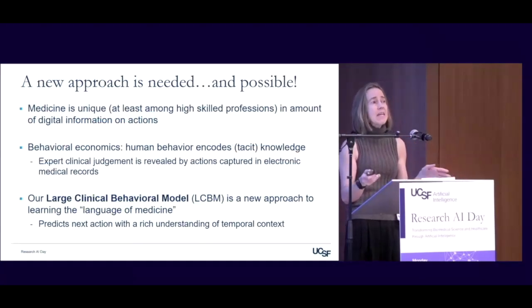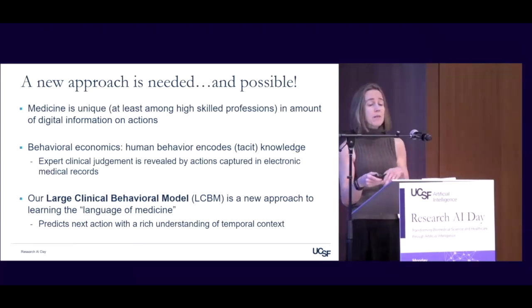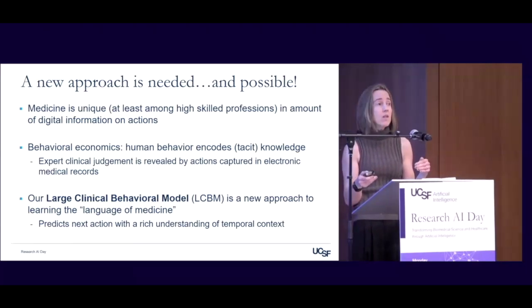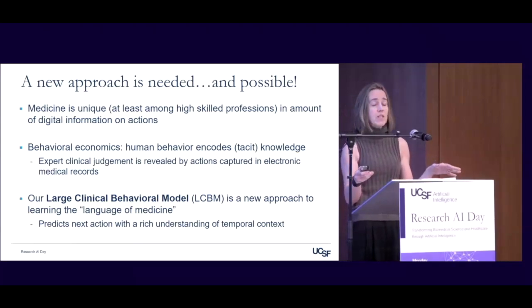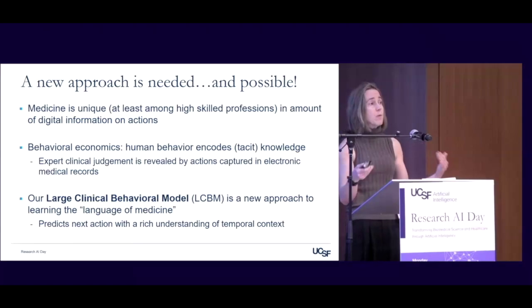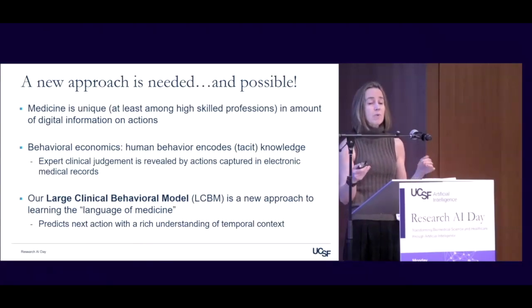So I would say today that what we need is a new approach to health AI to be able to unlock some of that knowledge. All of this rich clinical knowledge is encoded in actions, and we're fortunate because medicine is fairly unique in the amount of digital information that we record on our actions over time. We're taking this new approach, and it's based on a fundamental insight from behavioral economics that human behavior is a great way to encode and reveal very complex knowledge and decision-making processes.